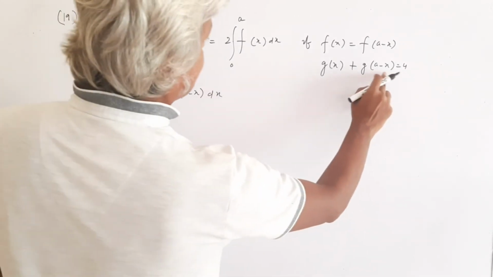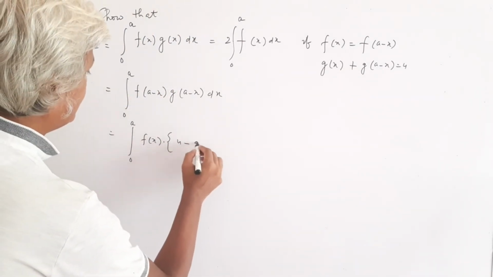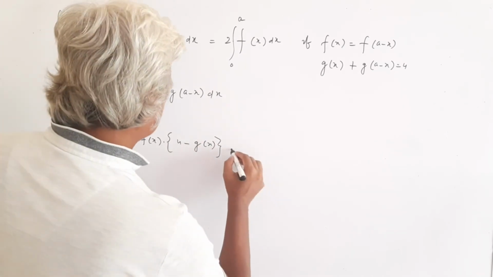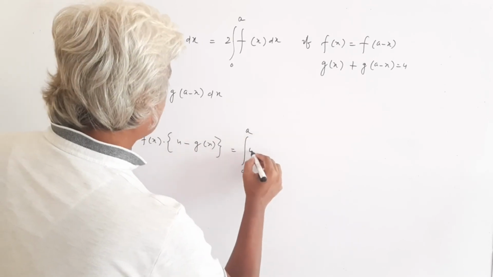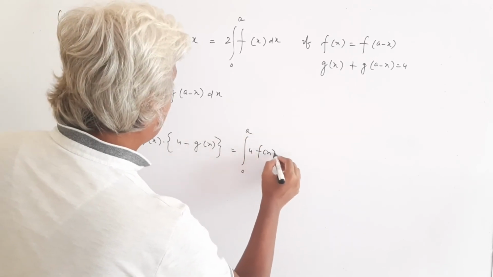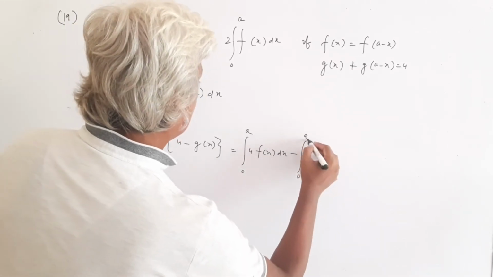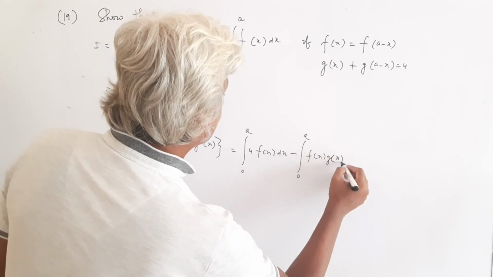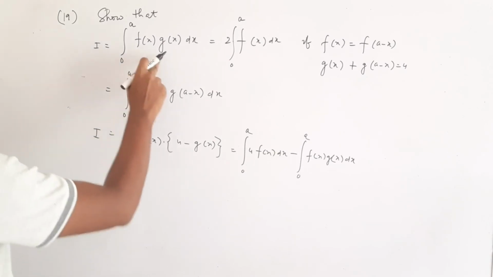At the place of g of a minus x you write 4 minus g(x). So this becomes integral 0 to a 4 f(x) dx minus integral 0 to a f(x) g(x) dx. So this is your I and this is also I.